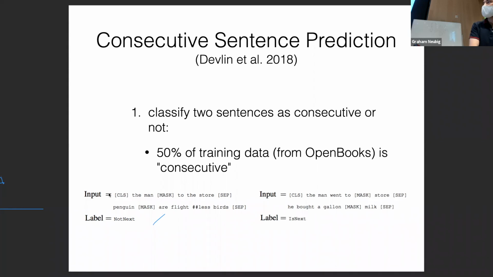Importantly, when making this decision, they use the CLS token as the input to the classifier. The reason is that for any sentence prediction or sentence pair prediction task, it makes sense to use the CLS token because it's been trained to do sentence pair prediction during the pre-training objective.